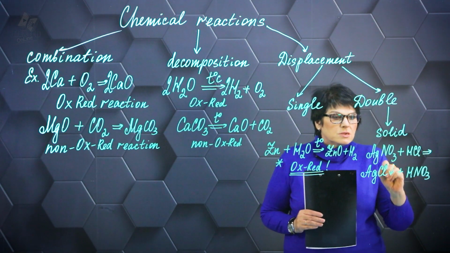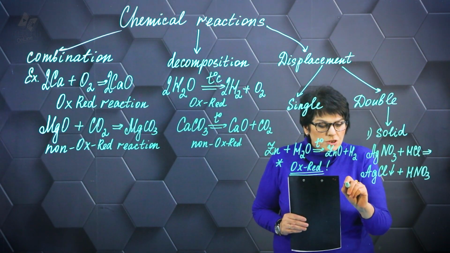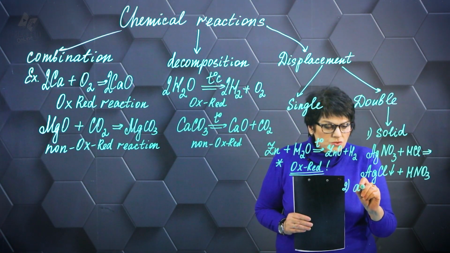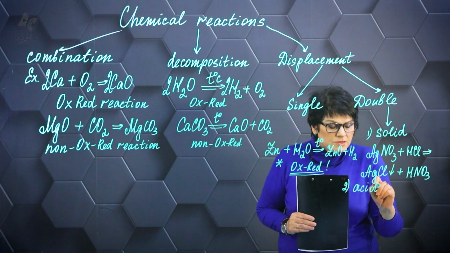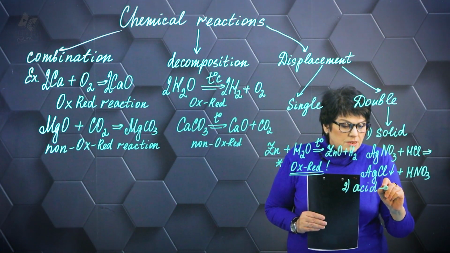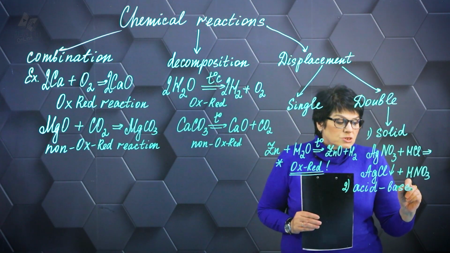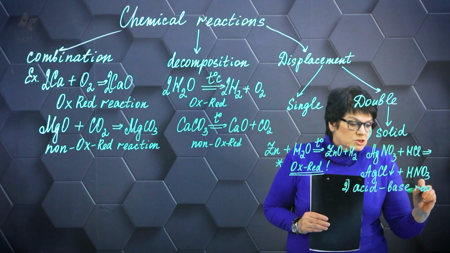No coefficients are required in the reaction equation. That's the first case. Now, the second case, when there is a so-called acid-base interaction, acids and bases, when they react. So this reaction is also additionally called neutralization. Here's an example.